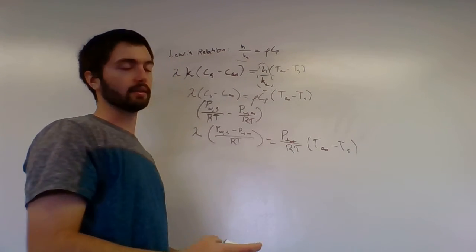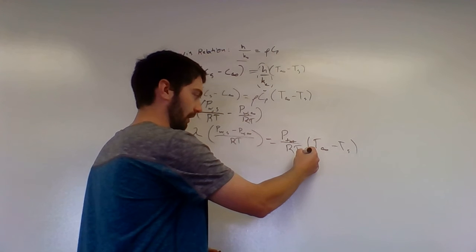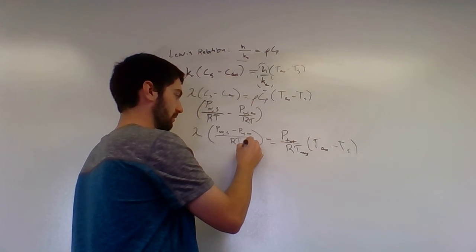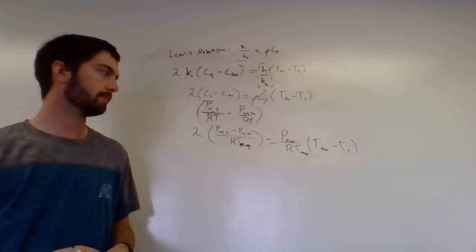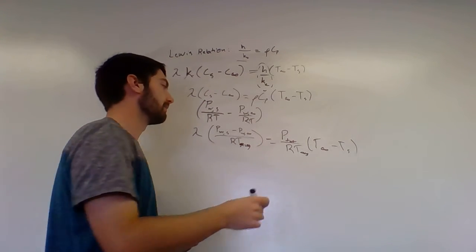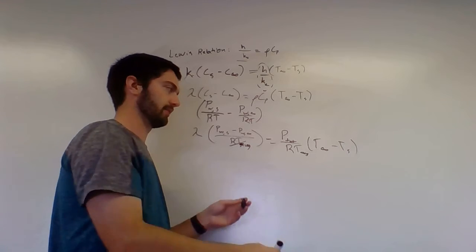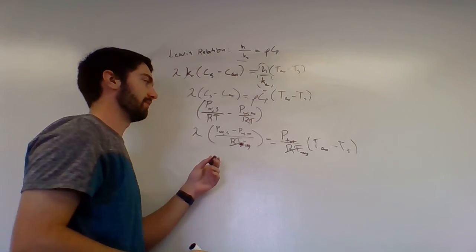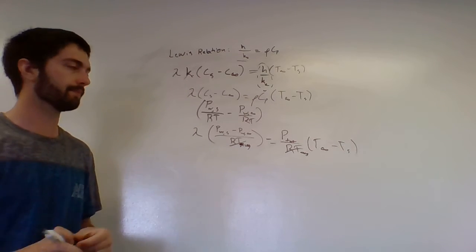But we'll think about it as like the average temperature, just to be safe. And either way, this is going to cancel out from both sides. It's in the denominator. So we have this equation simplified once again.